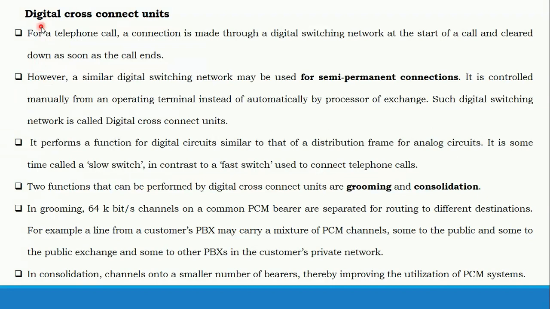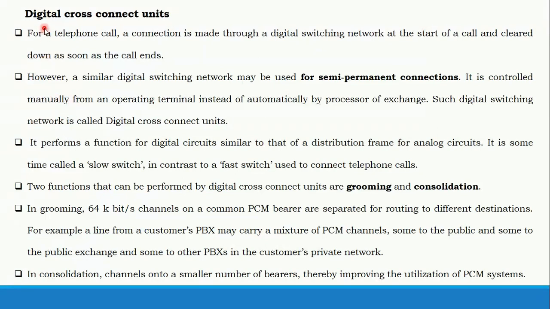And I hope you remember crossbar system or matrix of cross point. Related to that we have one topic here also, digital cross connect unit. That means if you want to have communication, you'll be having a semi-permanent connection. That means whenever the lines are needed for the communication, you need to connect it. Afterwards the line should be cleared.